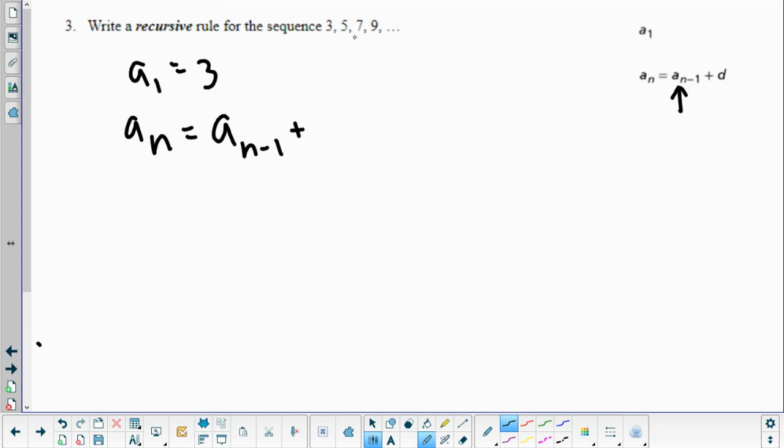So in this one, what is happening every single time? Well, every time they're adding 2. So we're going to add 2 to it. Now, if you had a negative difference, if you were subtracting every time, this would be a negative sign, but in this case, our equation is going to have a positive 2. And so in order to be recursive, we have to make sure we have both of these lines.